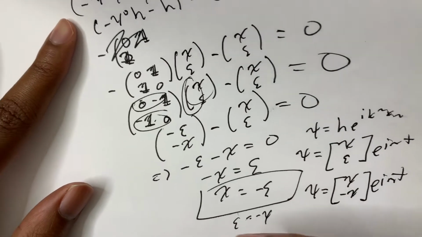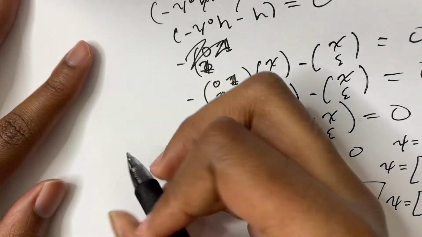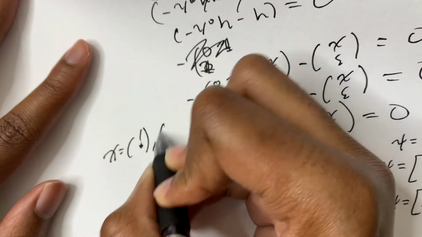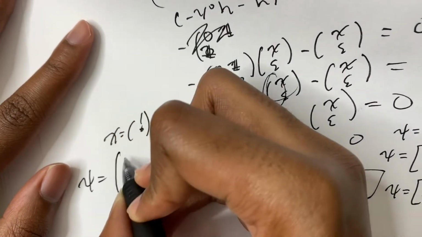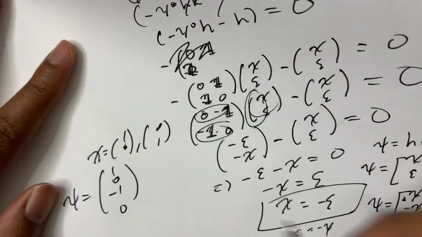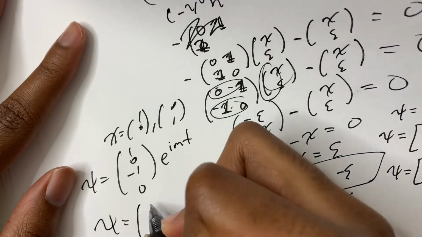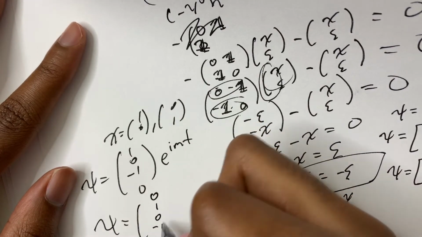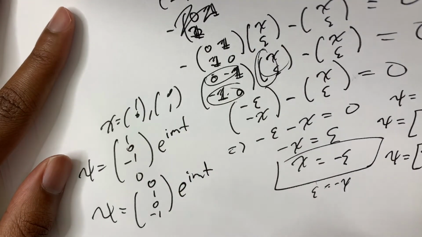Again, we can form a linear independent basis here and choose chi to be (1, 0) and (0, 1) respectively. We have that psi is (1, 0, minus 1, 0) because it's minus chi now, e to the imt. And psi can also be (0, 1, 0, minus 1) e to the imt. Nice. So those are our two other Dirac solutions.